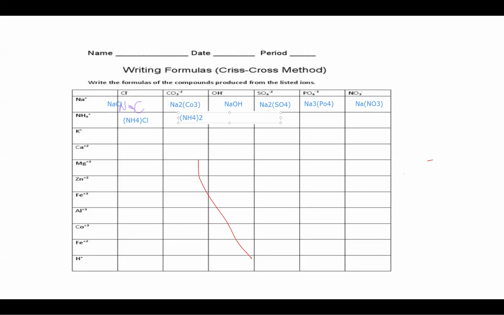How would you do that? Wait, no. NH4, 2, and then CO3. Yep, NH4, CO3. But we would need to put this in parentheses here. We could just leave that open.